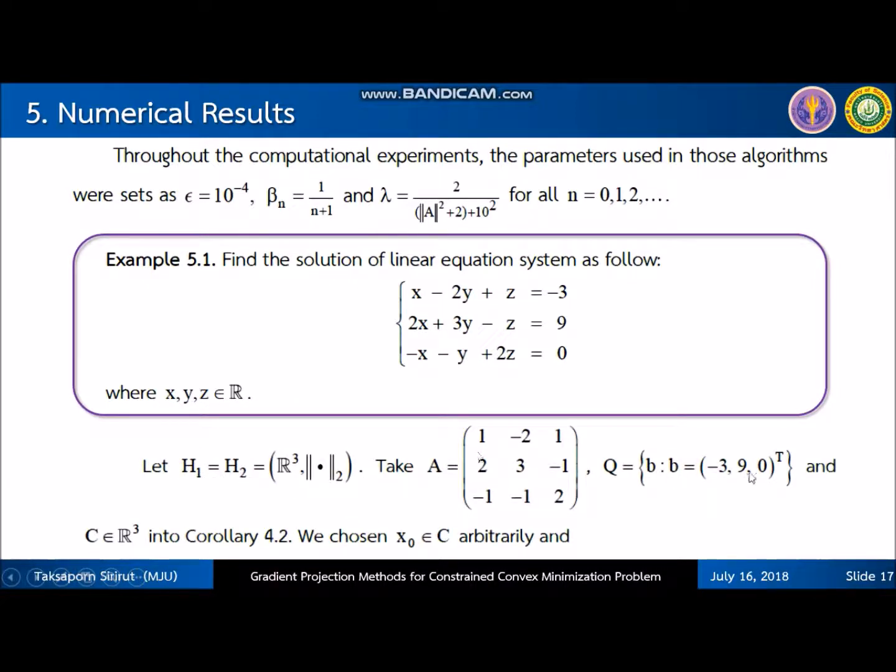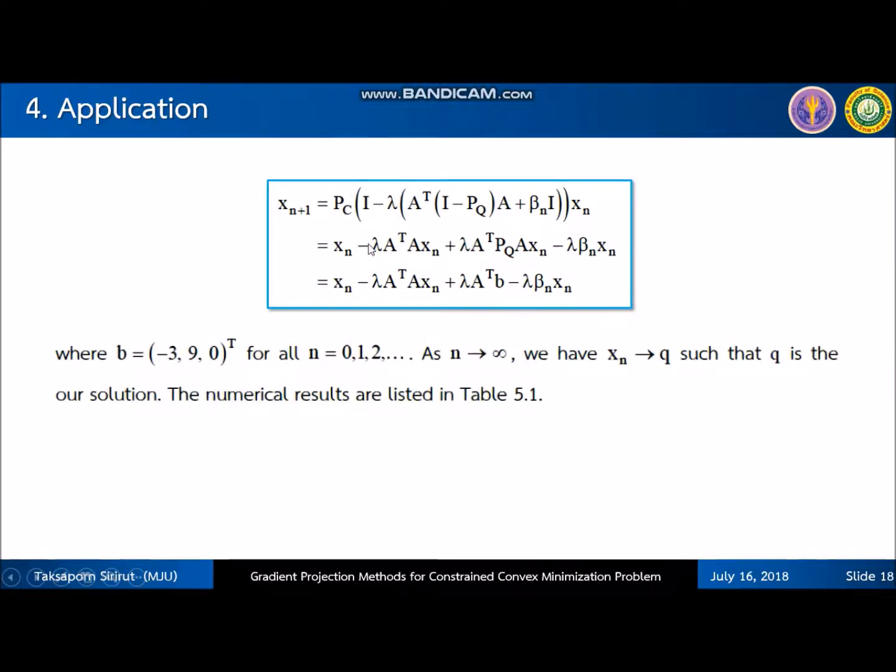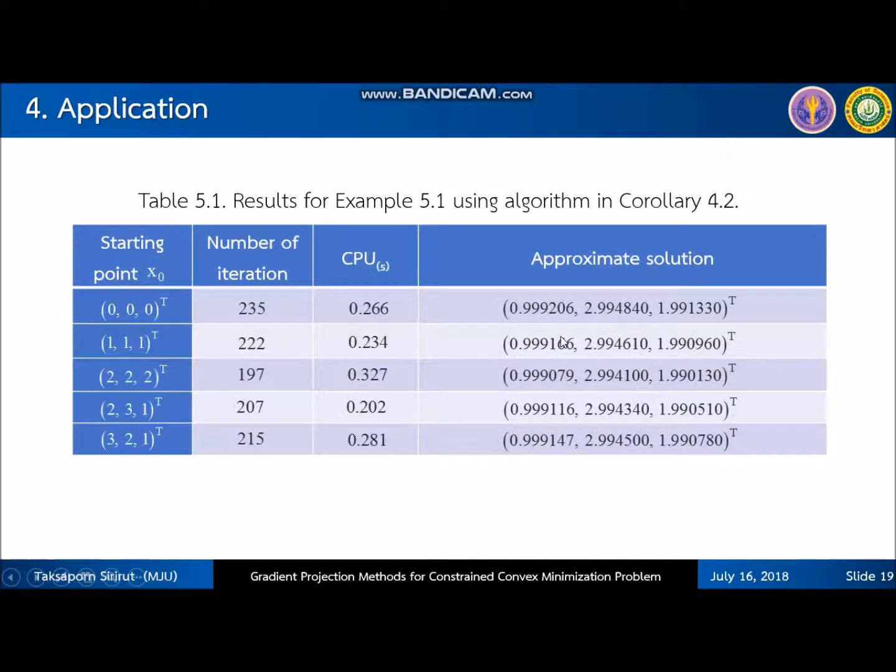Take A and Q the same as this. We choose x0 in C arbitrarily, and we can reduce xn+1. And then we have xn converges strongly to q. And this is the numerical result of this example. You see the numerical result is 1, 3, and 2.